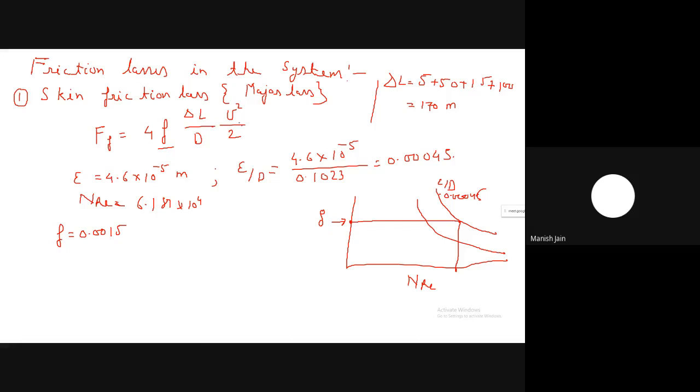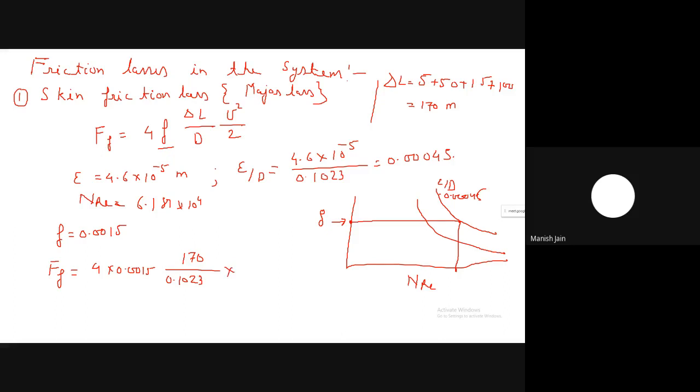D and V square values: the V value is already known. So just substitute the values in the equation. You will get the friction loss: 4 multiplied by 0.0015 multiplied by delta L by D. Delta L is 170, D equal to 0.1023, multiplied by V square.